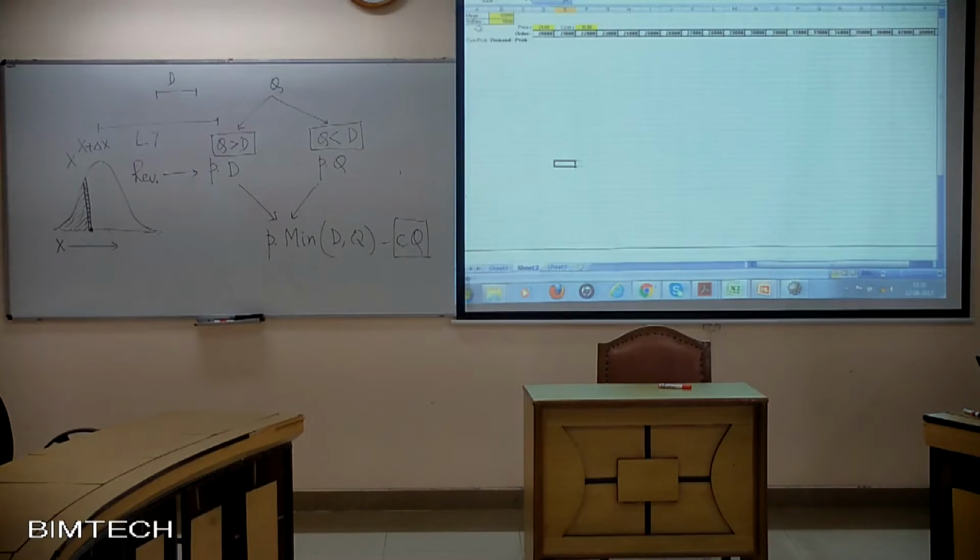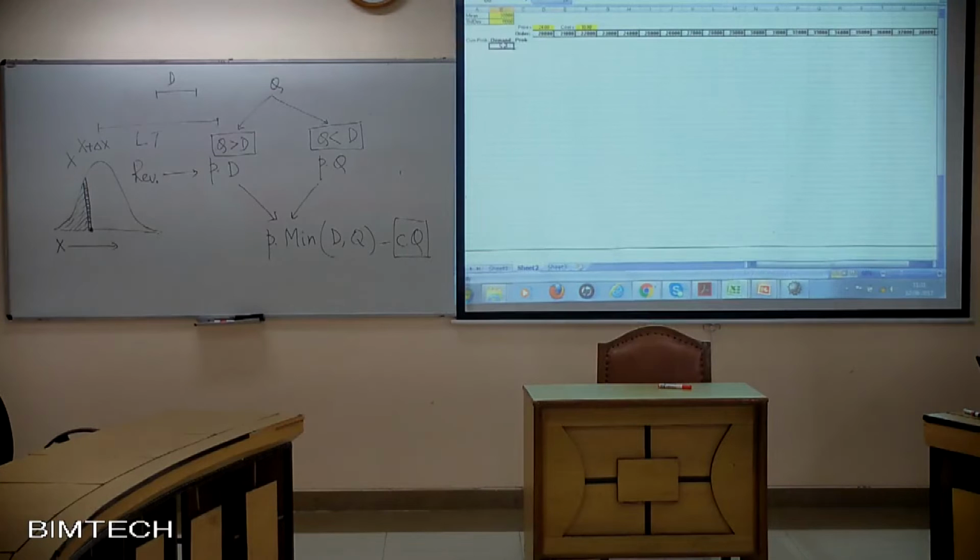So here, at the top left corner, we have simply written the mean and standard deviation of our demand, 32,000 and 11,000. At the same time, you can see we have given the price and the cost of each jersey.